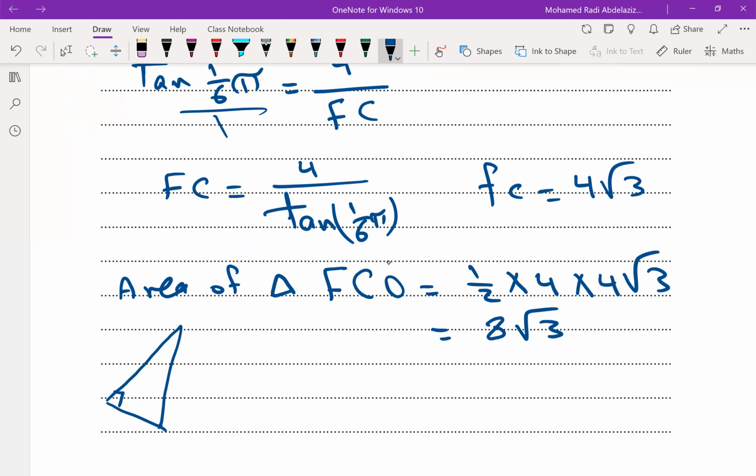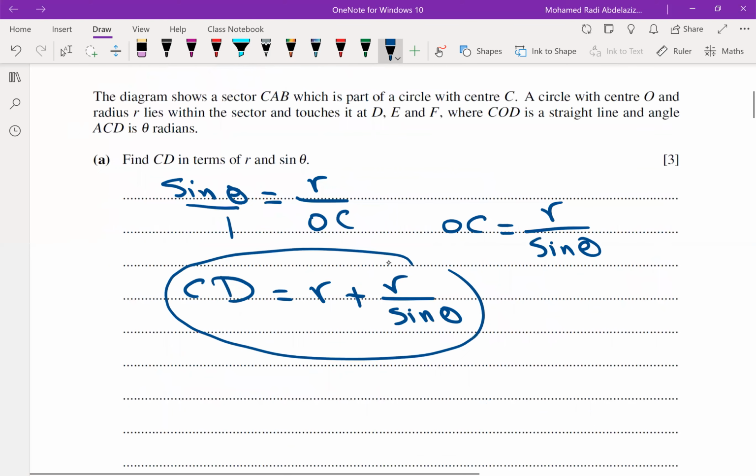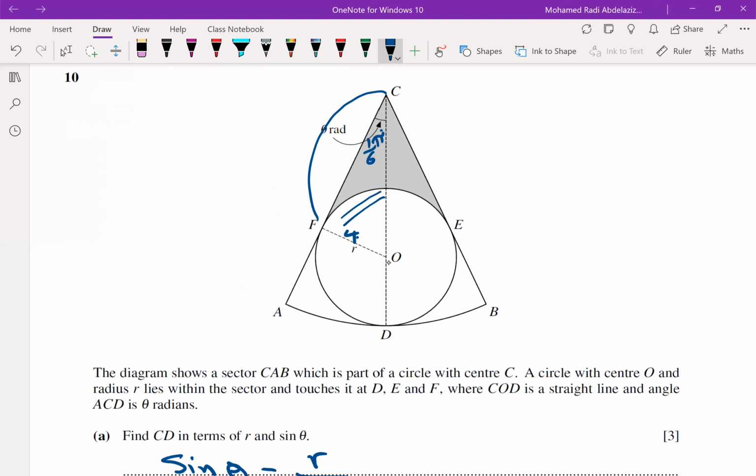This is the right-angled triangle. Then we'll subtract the area of the sector to get this part. So area of triangle, area of sector, which is half theta r squared. I'm talking about this part, the area of this sector.